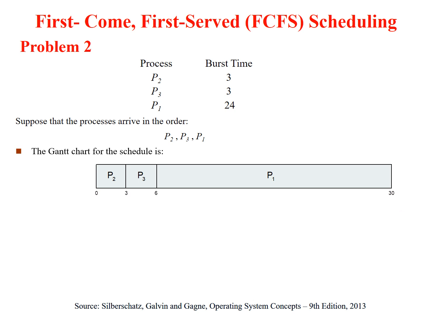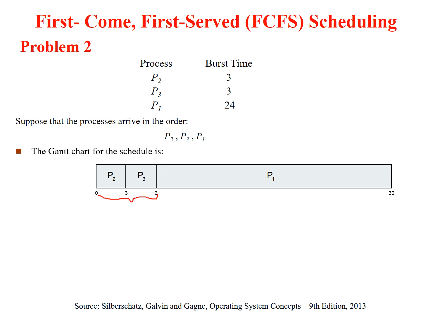Now, looking at the waiting time for each process. P1 has arrived at 0. So, while P2 and P3 were executed, P1 must have been waiting. So, the waiting time of P1 is 6 milliseconds and waiting time of P2 is 0 because as soon as it arrived, it started its execution.